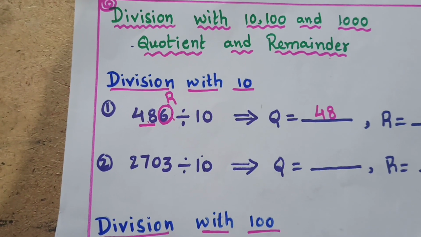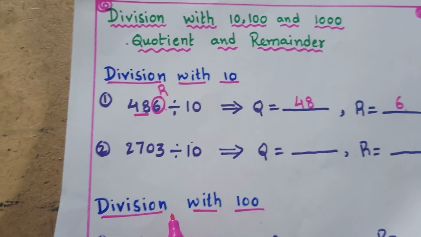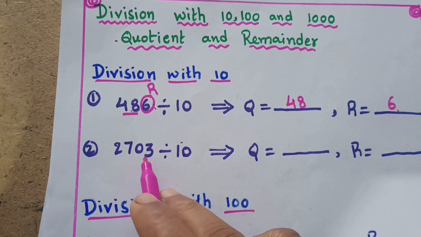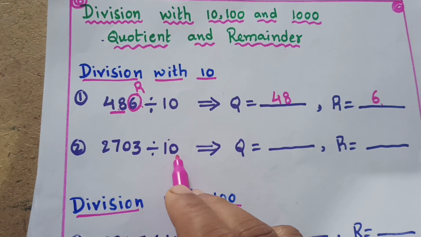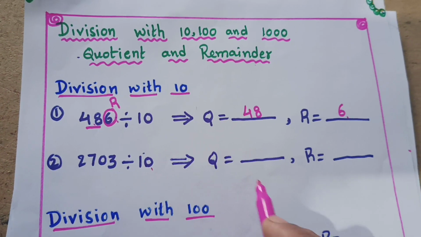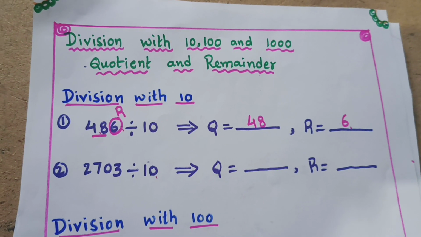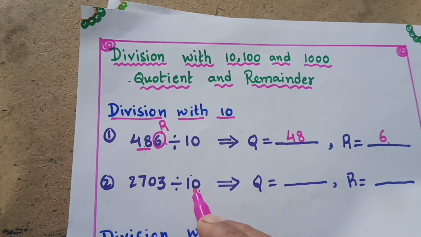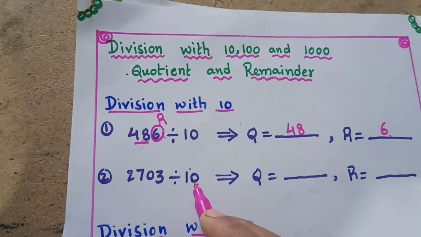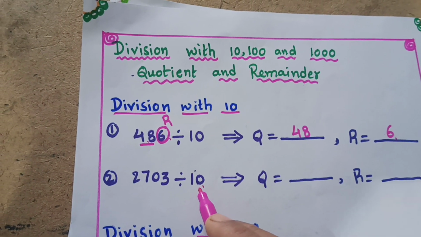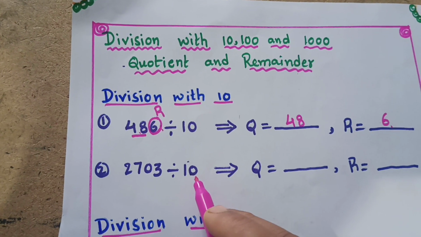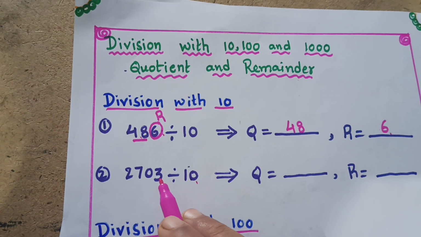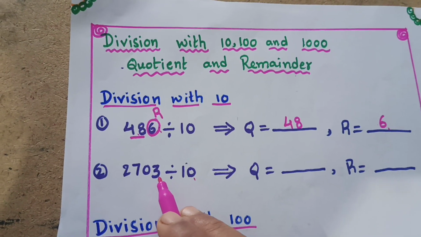Yes, let us go to another example. Here, 2703 divided by 10. Without actual division we can write the quotient and remainder. To do so, first we have to see how many zeros are there in the divisor. 1 zero is there. If in the divisor 1 zero is there, the remainder becomes the ones place digit only.